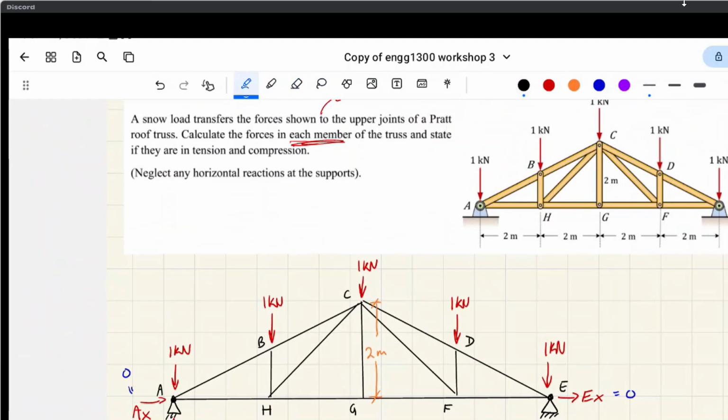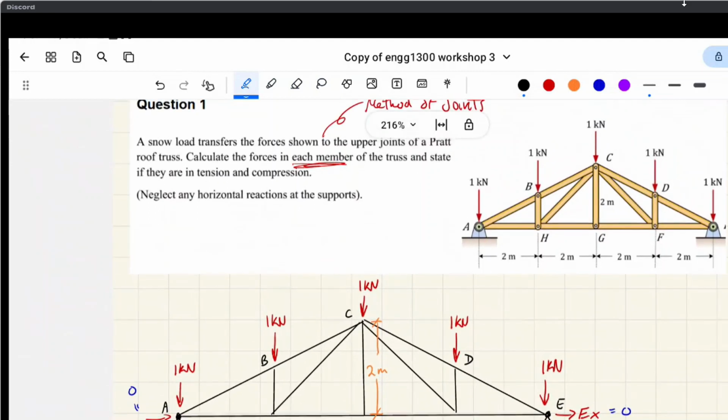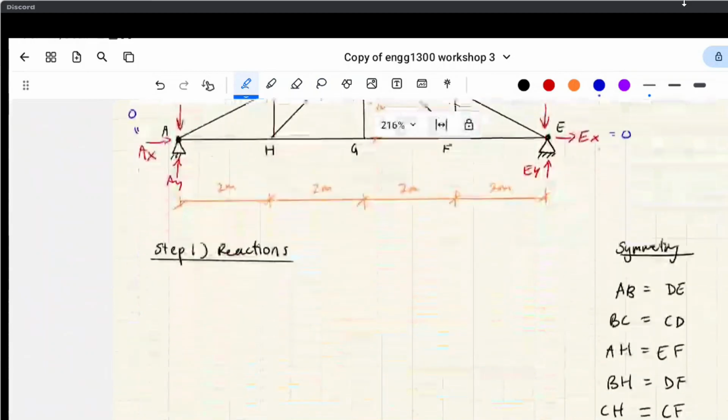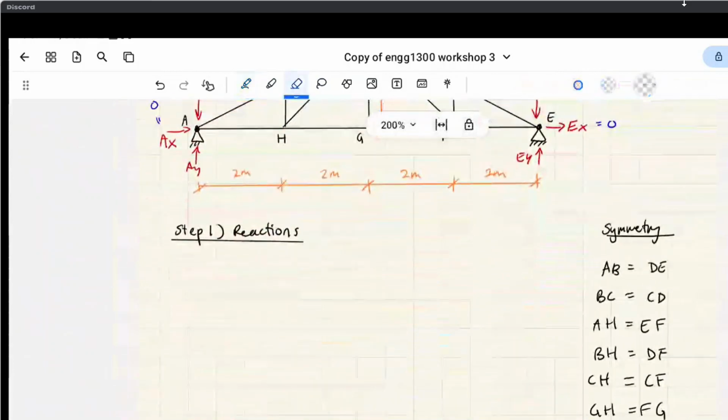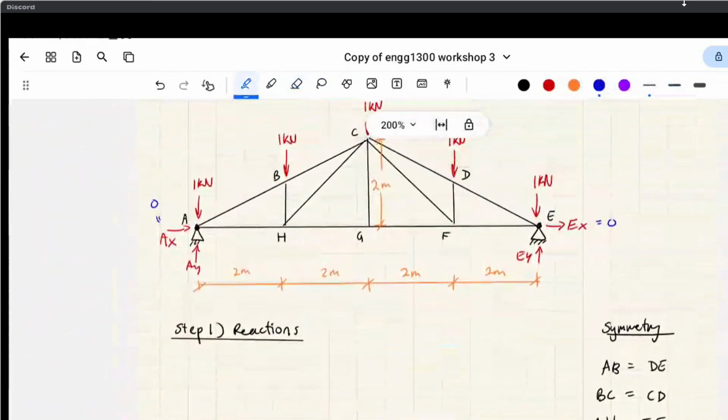The second thing is, there are a lot of truss members, but this is a symmetrical question. The loading is symmetrical and the dimensions are symmetrical, so we only need to calculate half of them. Here I've written symmetry: AB is equal to DE.